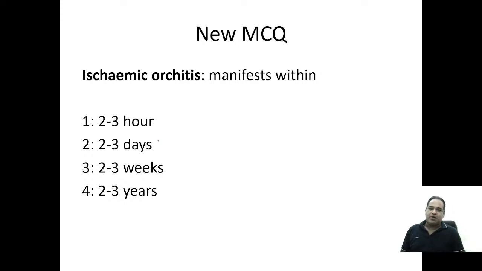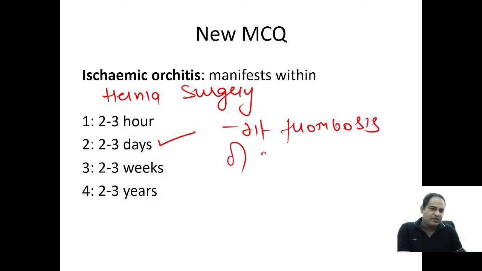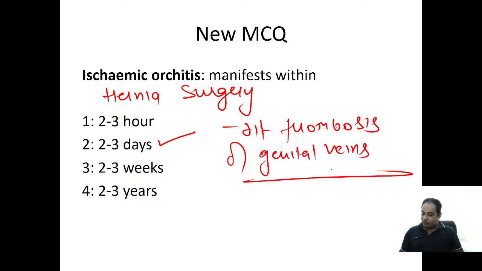Yes, ischemic orchitis manifests within 2 to 3 days. So this is a condition which develops after hernia surgery. Why? Due to thrombosis of genital veins. So this will manifest within 2 to 3 days.